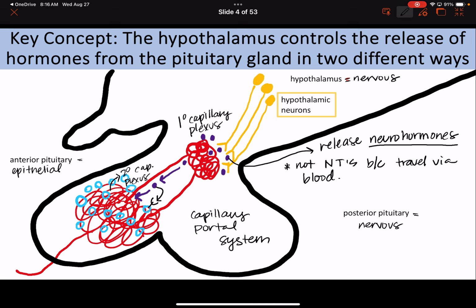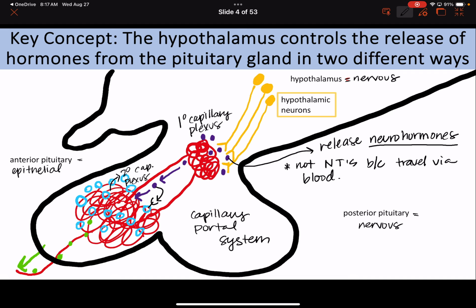Once these neurohormones bind to these epithelial cells in the anterior pituitary, then those cells are triggered to release their own hormones, which are in green. So the hypothalamus is regulating the release of hormones through the anterior pituitary. Anybody have any questions on that concept?